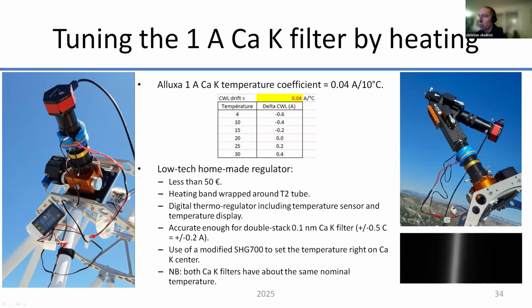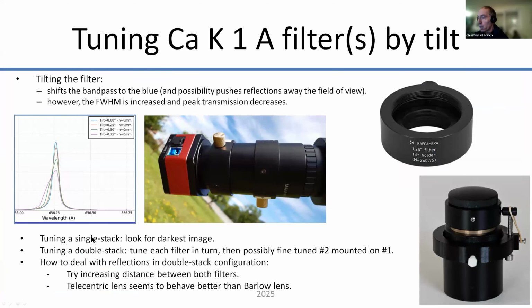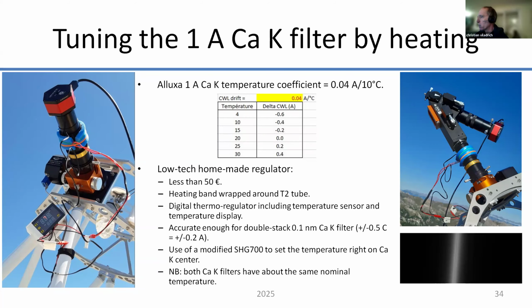And in order to tune the filter, to find the center of the calcium K line, one way to do it, of course, is exactly as I said before, looking for the darkest images. But what I've done here, this is because I have a spectrograph, the SAJ 700 by Min, if you know Min.